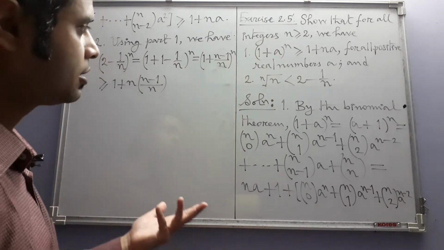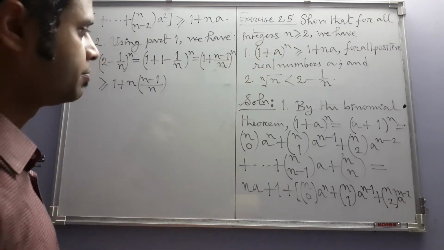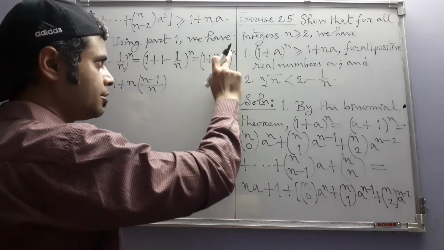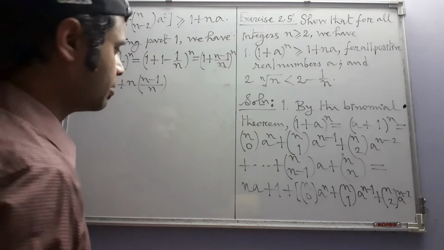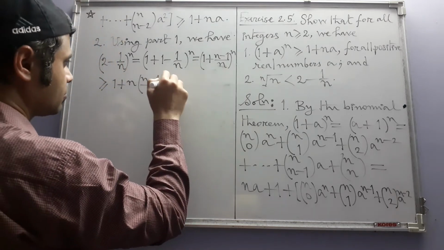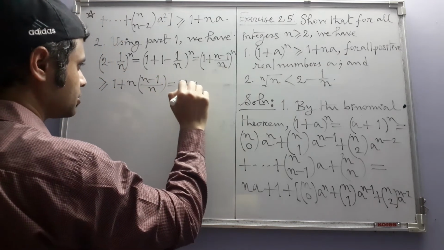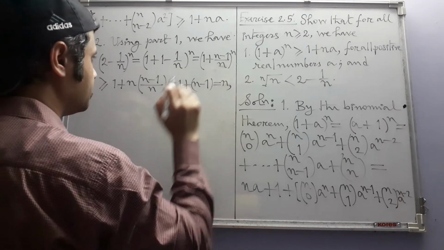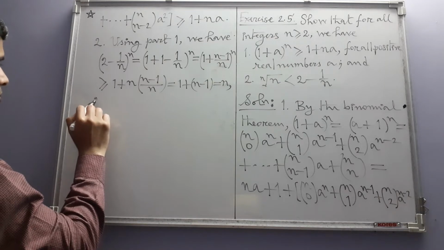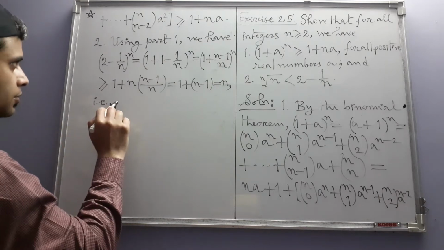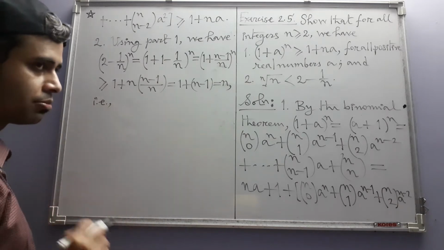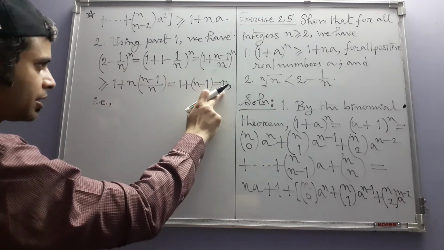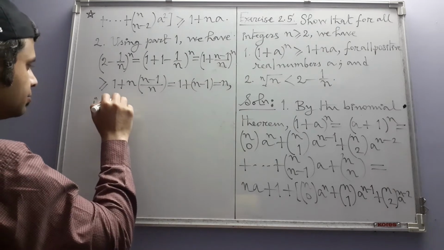So n minus 1 is greater than or equal to 1, and in particular n minus 1 is positive, n is also positive, so this quotient is a positive real number. So this becomes 1 plus n minus 1, that is equal to n. Now if you take nth root on both sides, which you can do because the numbers involved are all positive.